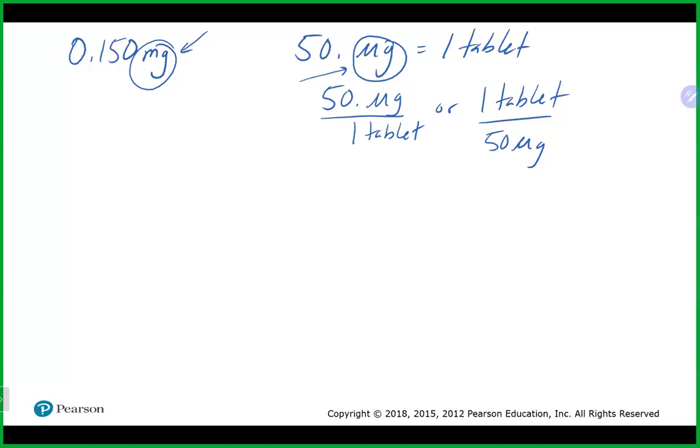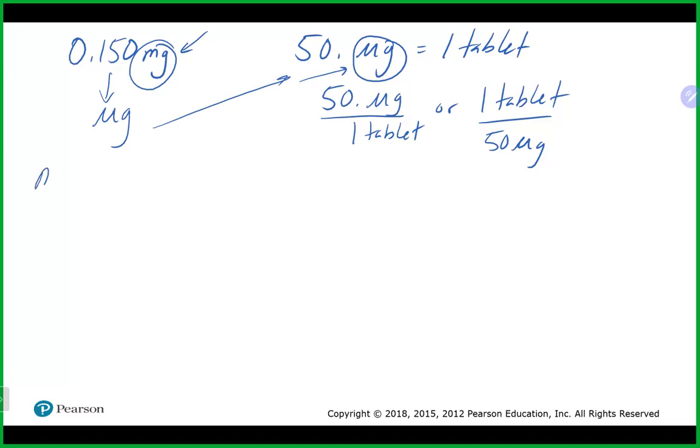It's just your preference. Since I just got one number here, I'm going to take this to micrograms first. And that will allow me then to use my conversion factor here to figure out how many tablets I need to give the person. Now, this is, again, technically a milligram to microgram conversion. And although we saw it a second ago, I'm still going to do it like I said before.